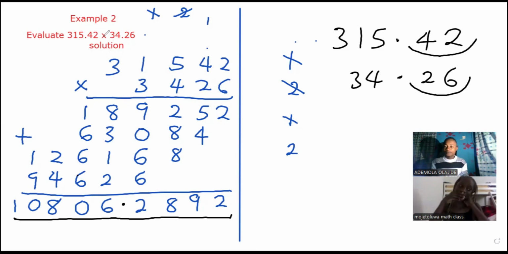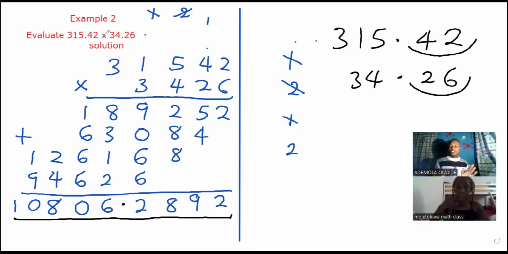Arranging them. Okay. We are going to arrange them by the decimal. We first write our first number, and when we move on to the other number, we align the decimal points.